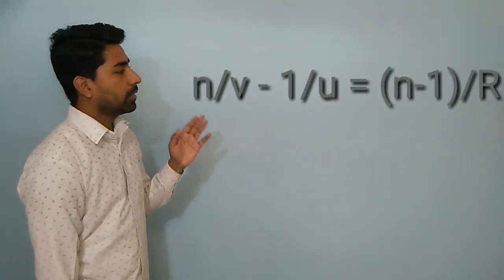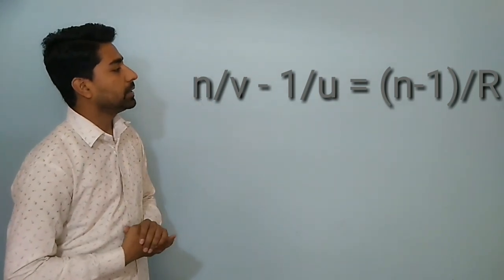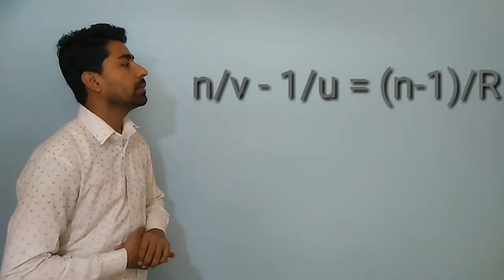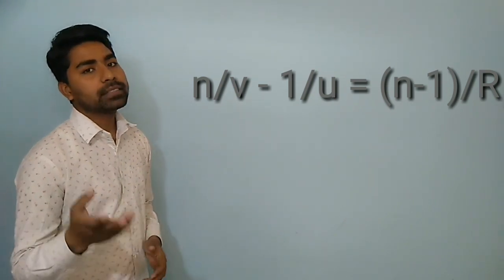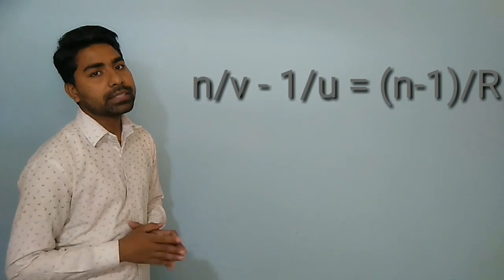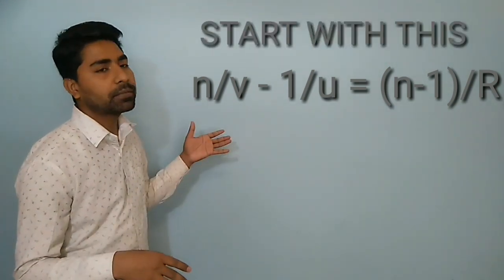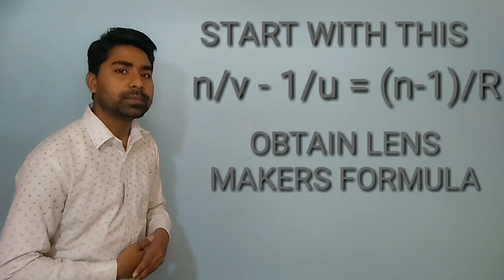To prove that, I want to share one more important thing. We had started with the spherical surfaces with this equation: n by v minus 1 by u is equal to n minus 1 by r. If in the examination a question comes to prove the lens maker formula, it will definitely say to start from this equation and obtain the lens maker formula.